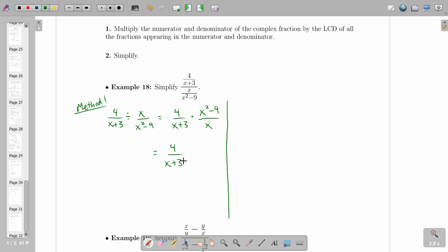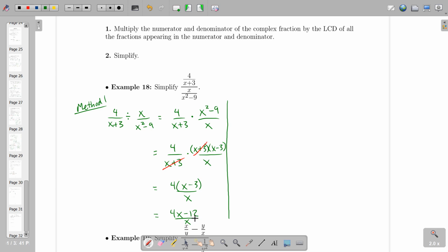So the x squared minus 9 needs to factor into x plus 3, x minus 3 as a difference of squares. And then I can cancel out my x plus 3's. So I'm left with 4 times x minus 3 over x, and then I could go ahead and write 4x minus 12 over x.